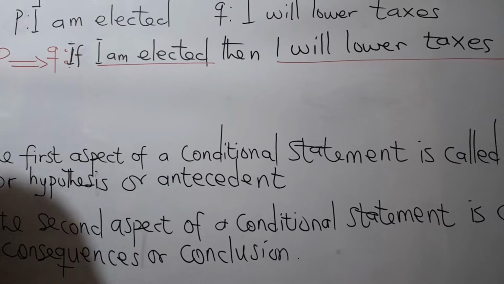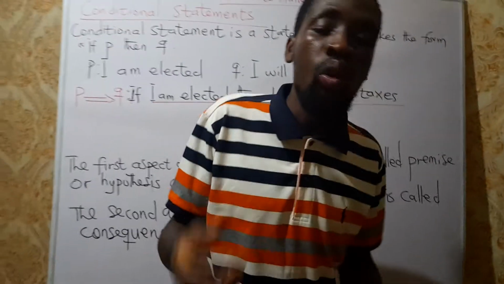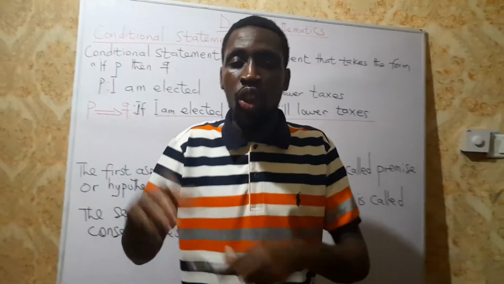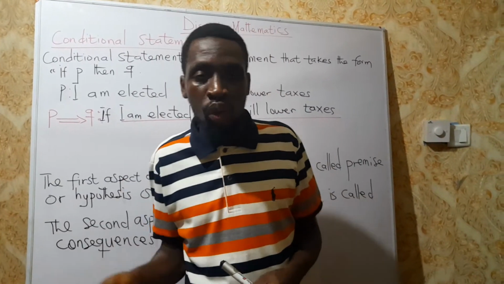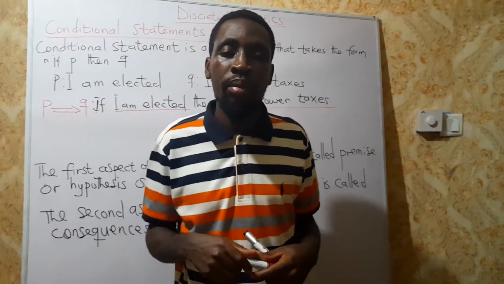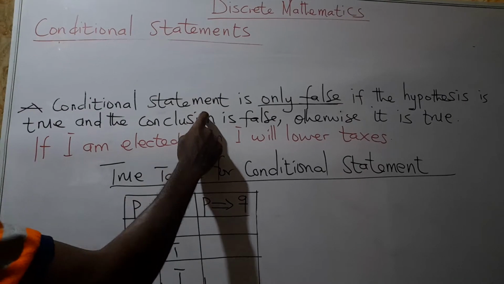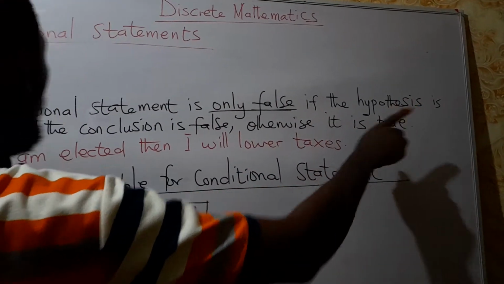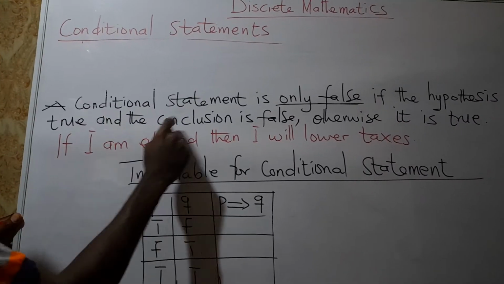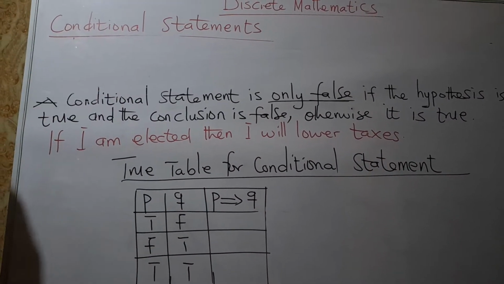The next thing we'll look at is when will we know if a conditional statement is true or when it is false. Then the truth table for a conditional statement. So we say a conditional statement is only false if the hypothesis is true and the conclusion is false. Otherwise, it is true in all respects.